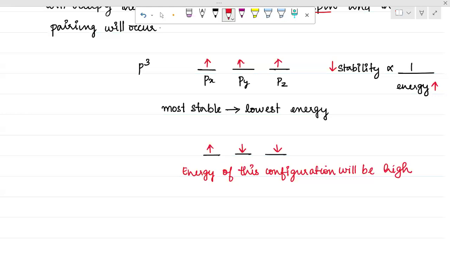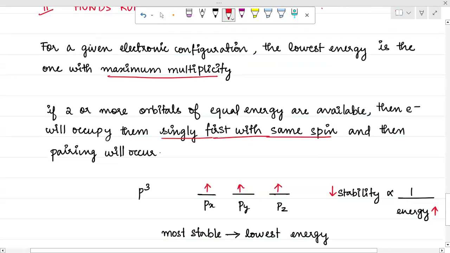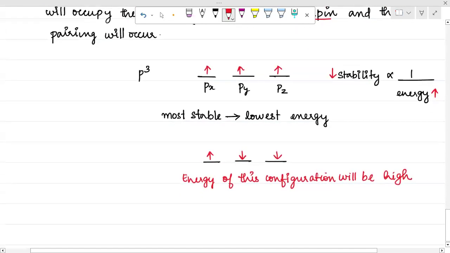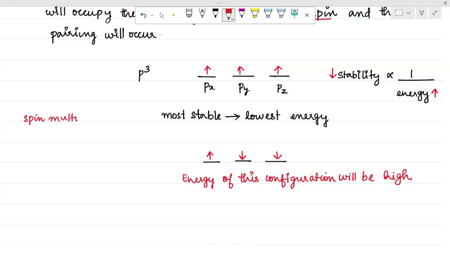Okay, so can you understand that whenever you have some orbitals, first they will singly occupy with the same spin, and then only they'll pair up. Now, if I want to calculate the spin multiplicity: multiplicity is simply 2s plus 1, where s corresponds to the total spin number.